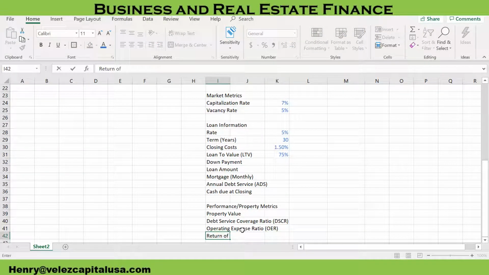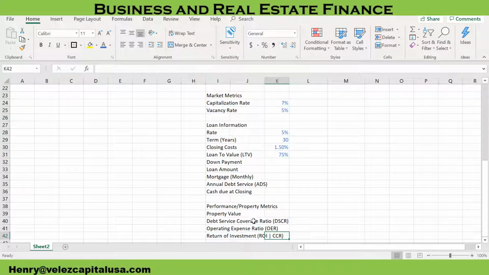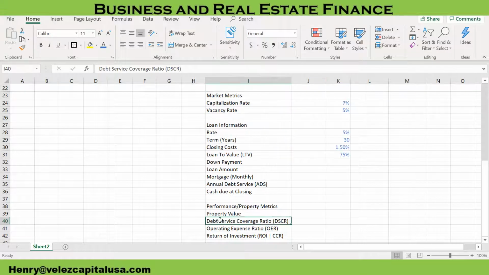And return of investment, also known as an ROI or cash on cash return. Okay? And if we hit Alt HOI, it's going to space it so everything fits.